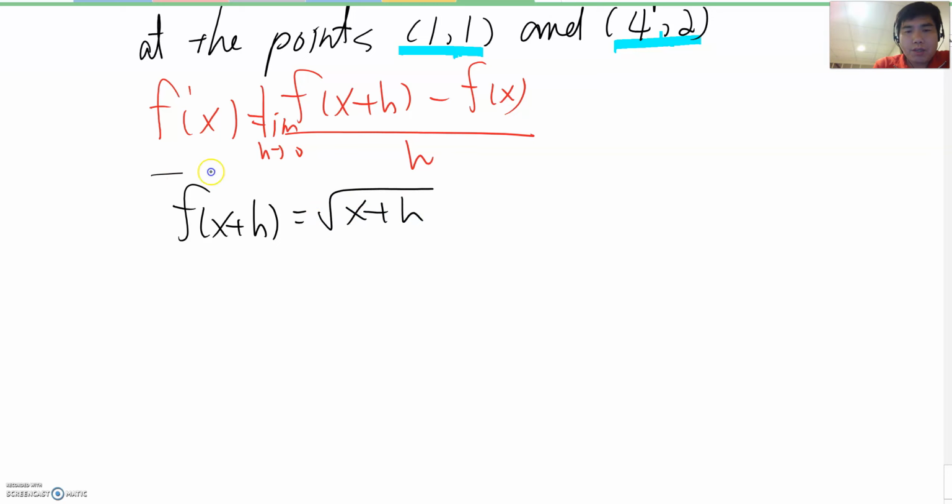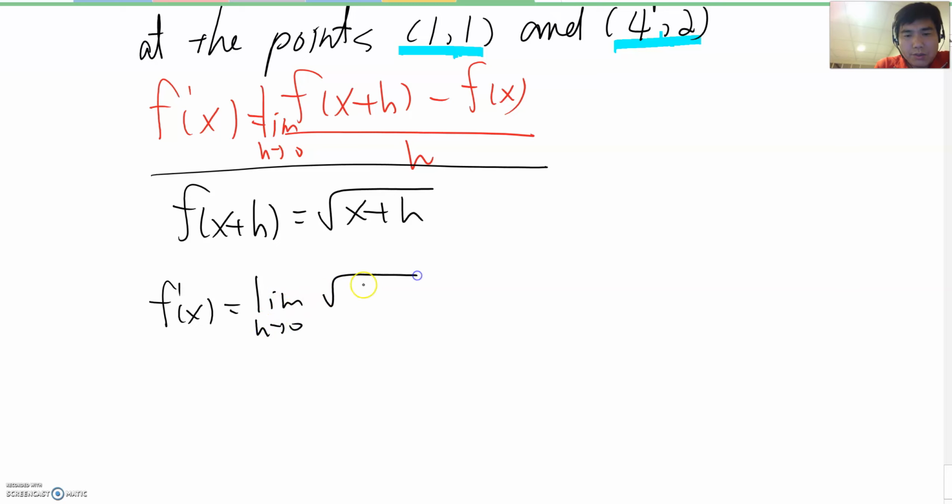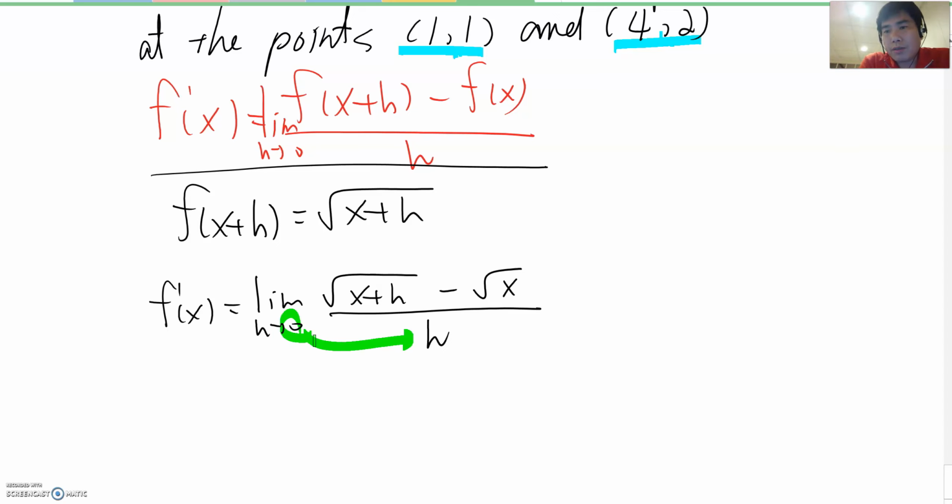So f prime x equals the limit as h moves to 0 of square root of x plus h minus root x over h. Unfortunately, the numerator is irrational and the denominator is rational, so we cannot do anything more directly. And if you plug 0 into h here, this becomes undefined.